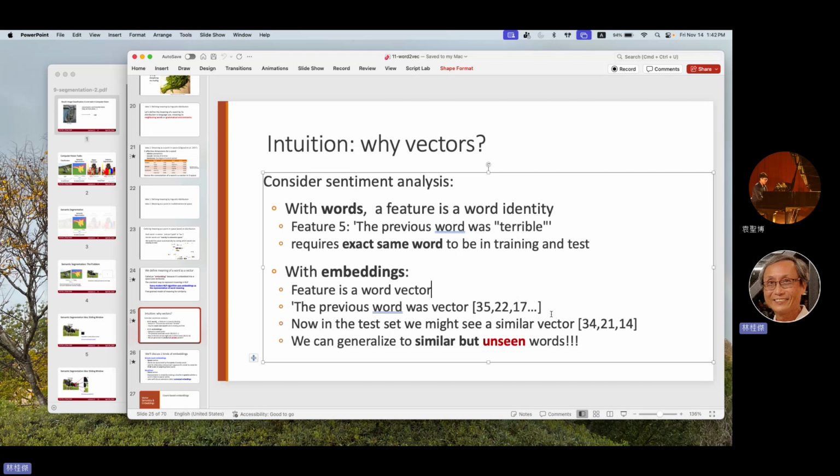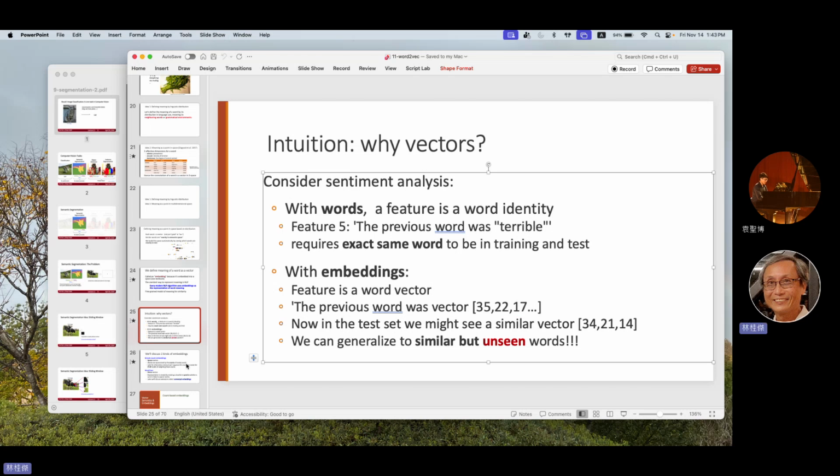Even though they are different, you can see that they are reasonably close to each other because each coordinate is just off by one. When something is off by one, it means they are probably similar to a certain degree, but not very far away from each other. So we can generalize the concept to similar words, even though we have never seen that particular word before.